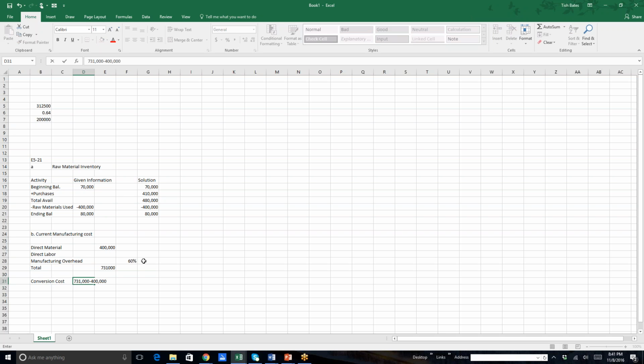And that's going to give you your conversion cost. Okay? Your conversion costs can then be used to show what direct materials plus manufacturing overhead are. Okay? So this is how we're figuring out what our direct labor is. This is the reason that we're doing this.